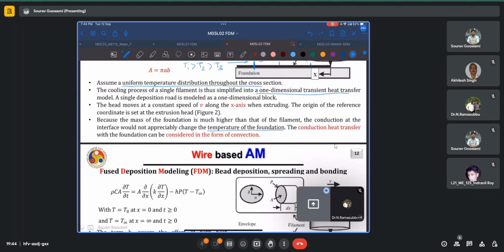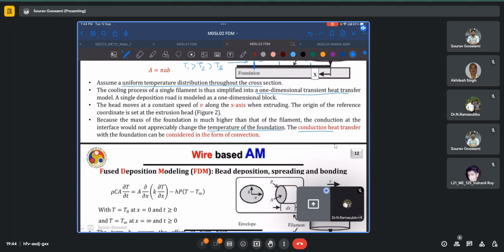Often, we also may artificially maintain the build plate or the substrate at a fixed temperature when we are using techniques such as preheating. So we manually ensure that the temperature does not change appreciably. But even in the case where preheating is not used, it can still be reasonably assumed that the temperature, because of conduction between the deposited filament and the build plate, for the case of FDM, will not change appreciably.